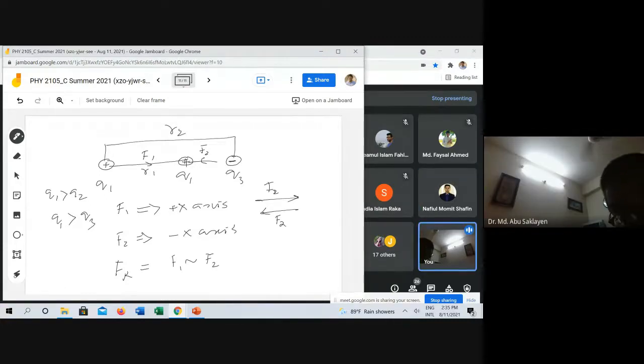If F1 is greater, then F1 minus F2, and the resultant direction will be positive x-axis. If F2 is greater, then F2 minus F1, and the resultant direction will be negative x-axis.